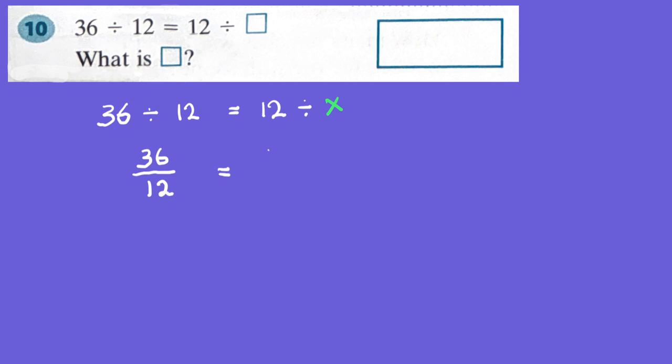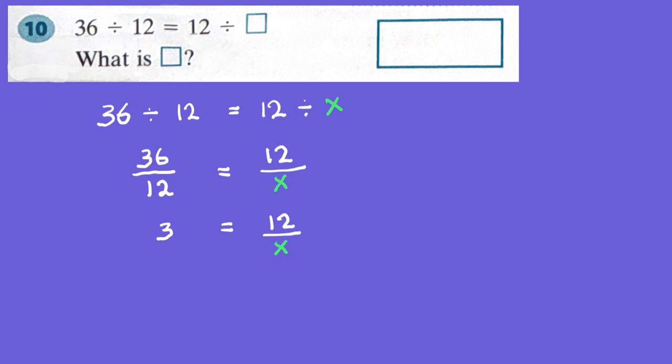So if I write it like this and I put X over here, 36 divided by 12 is 3. And so now we've just got one number, we've got 12 divided by X. Now we want to know what the X is.